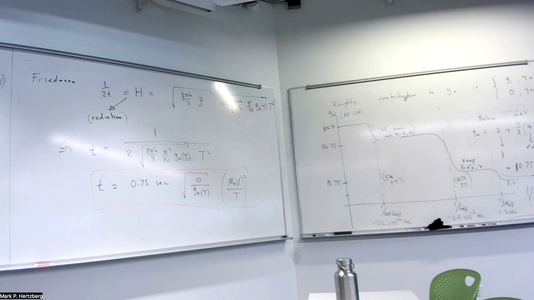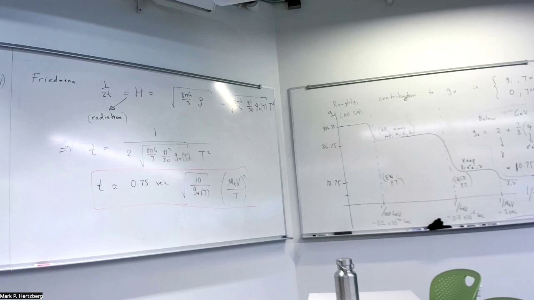So the punchline, which we can explain, is that neutrinos decouple just above, it's very close actually, it's on the margin, but just above an MeV, or just above electron mass, which is 0.5 MeV. So they decouple at about 1 MeV. It's very close, but it's just above.